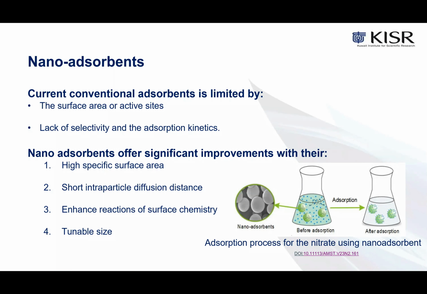The adsorption only attracts ions to the adsorbent surface without penetrating into the material. We can see here in the figure that the adsorbent with excellent properties absorbs the pollutants, resulting in less polluted or non-polluted water.